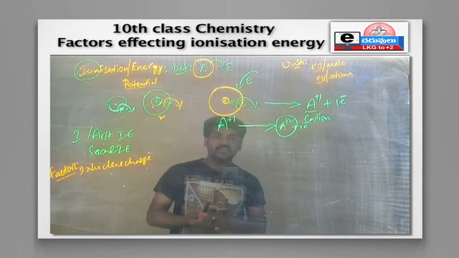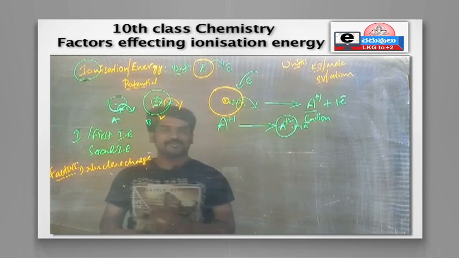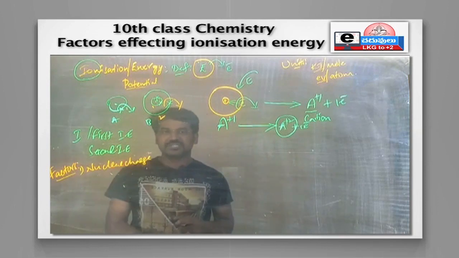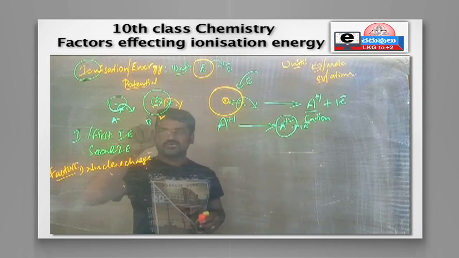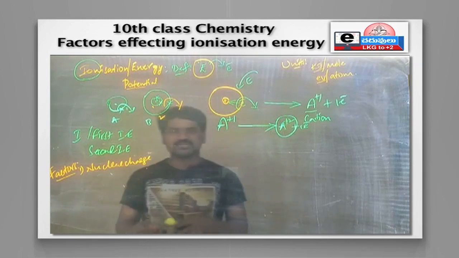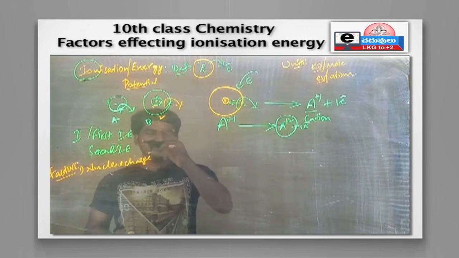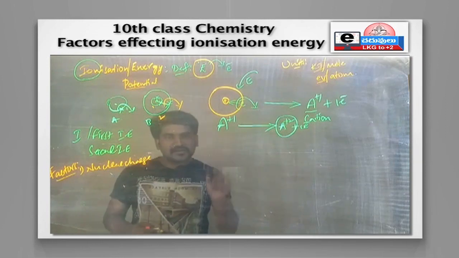Now where can you remove the electron easily, in the case of A or in the case of B? We can remove the electron easily from atom B, because here two orbits are there and in A only one orbit is there. As the number of orbits increases, the nucleus attraction decreases.